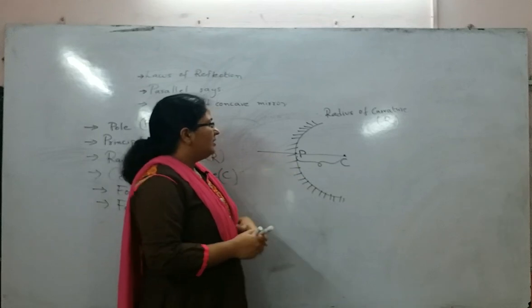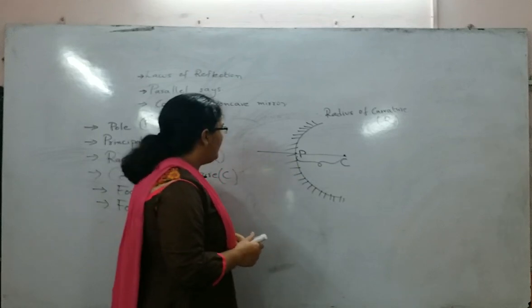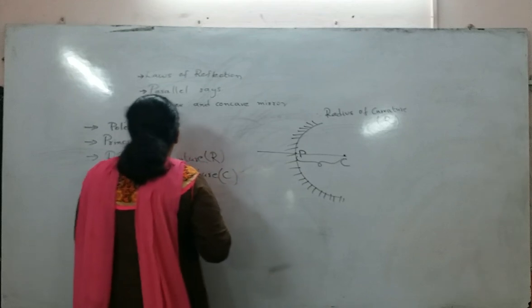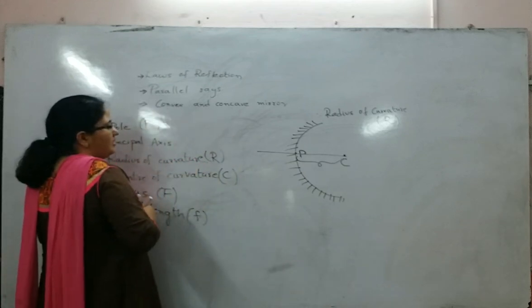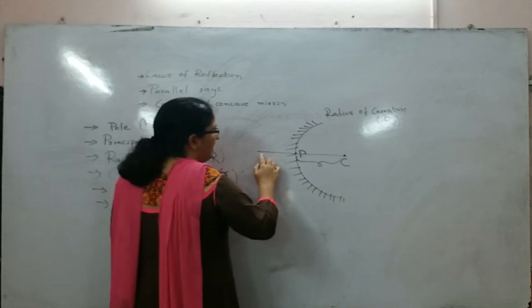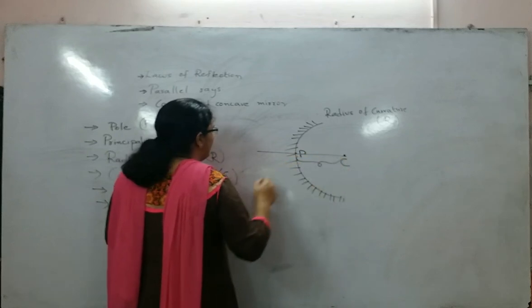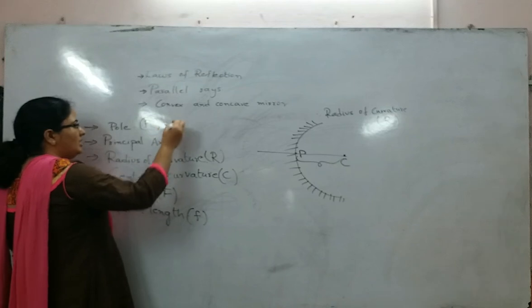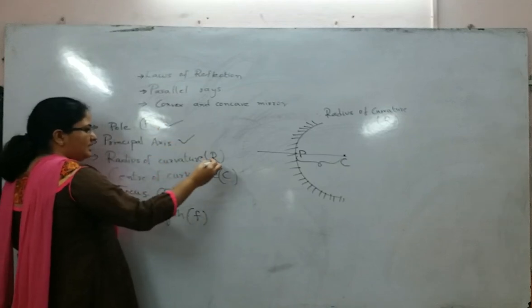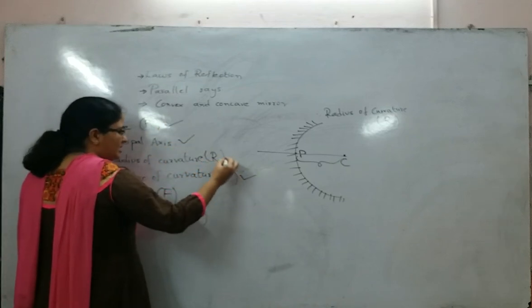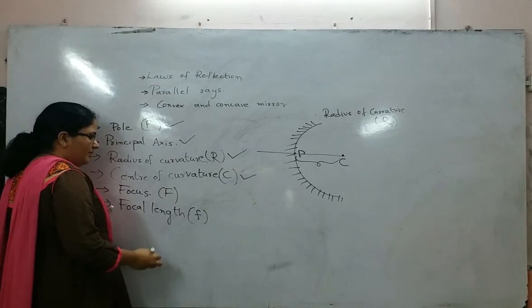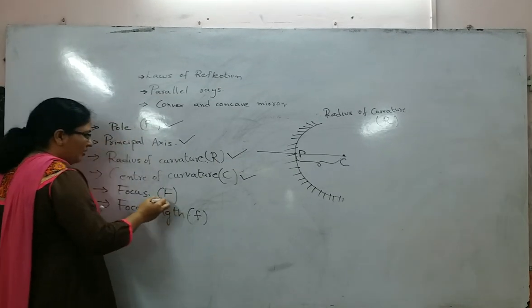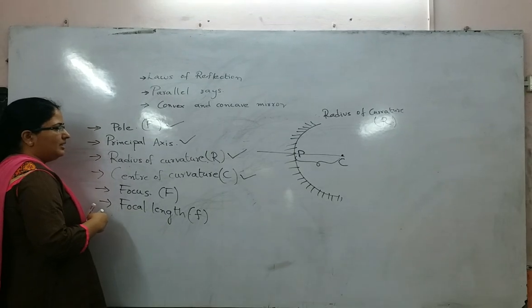One more: the line passing through pole and center of curvature is called the principal axis. So here we have covered pole, principal axis, center of curvature, radius of curvature. Let us discuss focus and focal length.